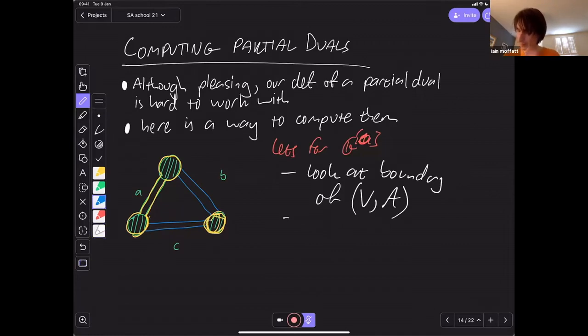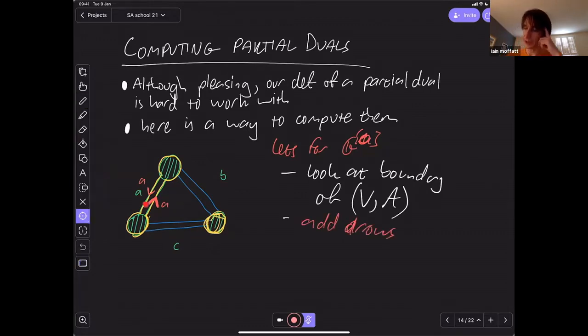My next step is to add some arrows. I'm going to add an arrow here and an arrow here, pointing in opposite directions. I'm going to call those A. So whenever I have a dual edge, I add these, and I do this for each edge that I'm dualing. What about these missing edges? Well, I do the same process.